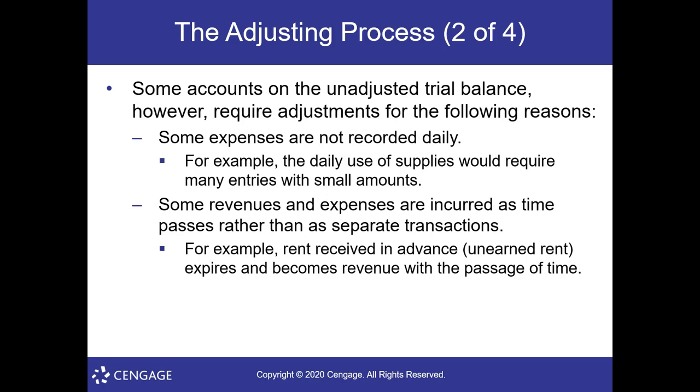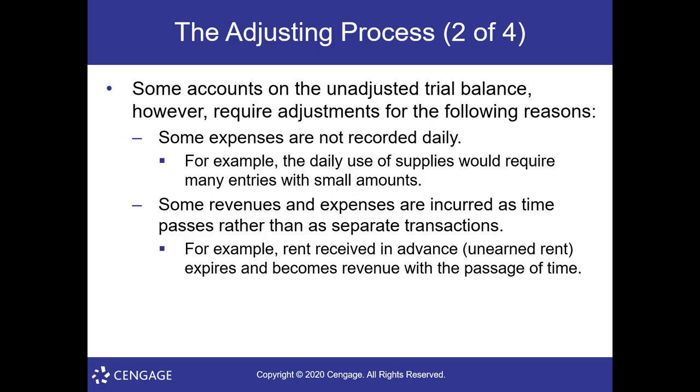So some examples is that we've been recording supplies as we purchase them, and so that asset account has been increasing in value as we buy the supplies, but we use some of the supplies during the course of business. So at the end of the period, we need to go in and ascertain how much supplies are still unused on the shelf, in the supply closet, and then record the amount of supplies that we used.